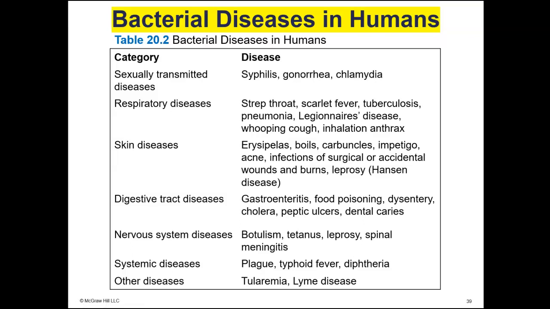Some of the respiratory diseases that are bacterial are strep throat, scarlet fever, tuberculosis, pneumonia, Legionnaire's disease, whooping cough, inhalation anthrax. Some of the skin diseases: boils, carbuncles, acne, all of these are just different forms of acne, really.